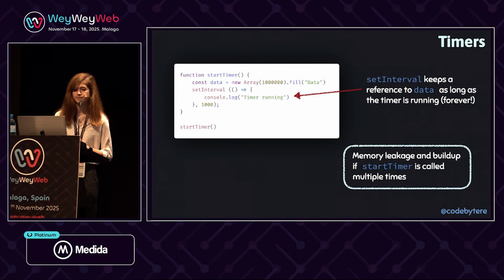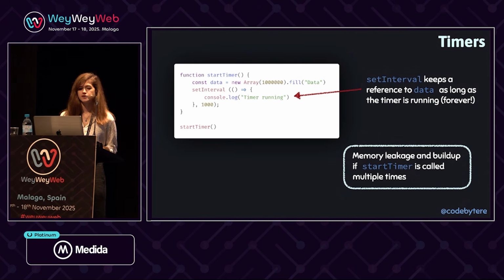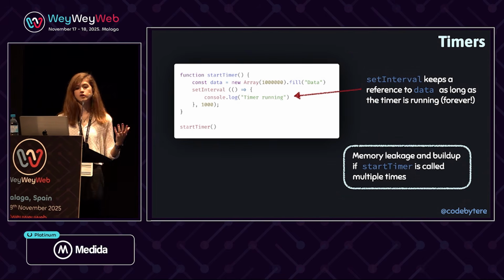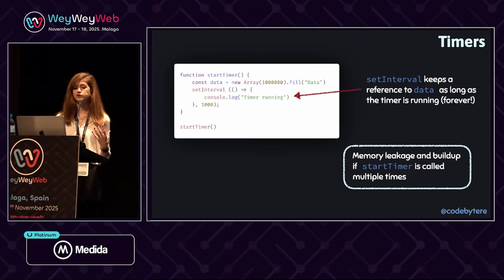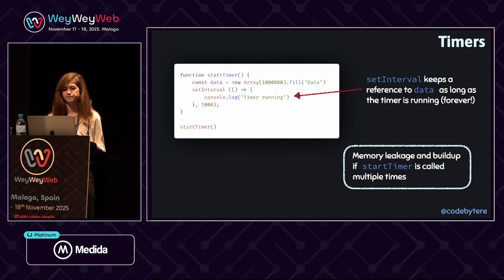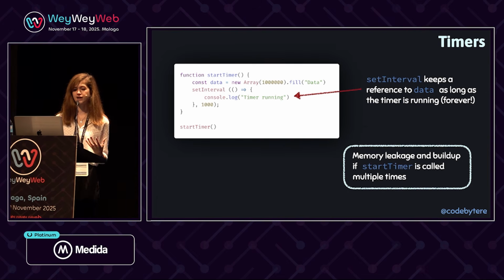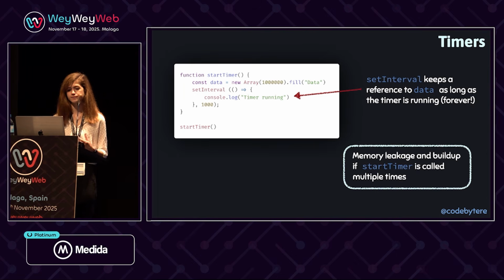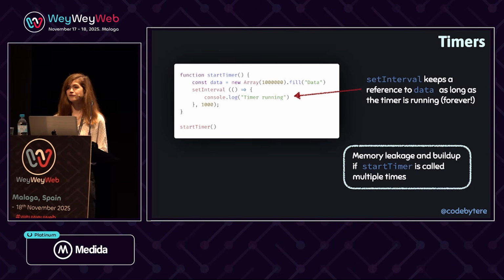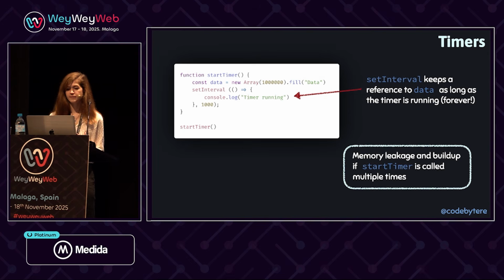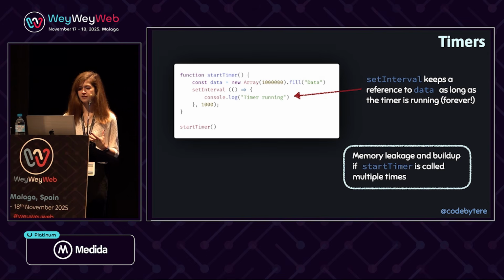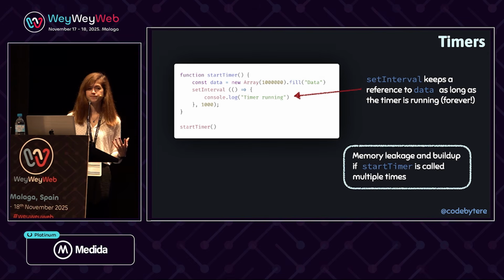Next, timers. In this example, startTimer creates a large array called data, and then sets up an interval timer with setInterval that logs "timer running" every second. The interval function has access to the variables inside startTimer, including data, due to closure. The setInterval callback forms a closure over data, meaning it keeps a reference to data as long as the timer is running.